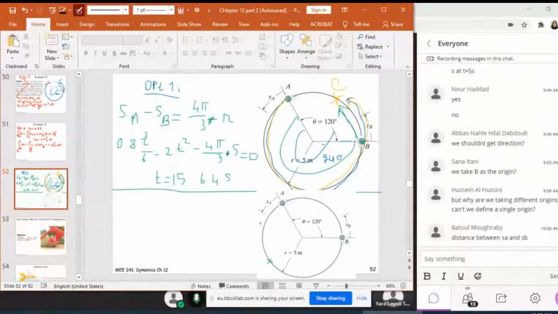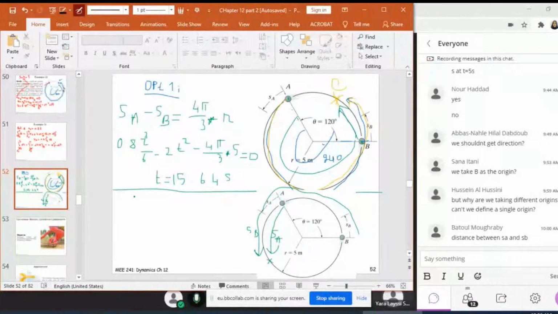This is when A is very slow while B is very fast. If this is SA here, so this is SA to the collision, then SB will be much greater than SA. So this will be SB and this will be SA. In this case, B is very fast, for example, and A is very slow, so the collision could occur here in this portion of the circle.